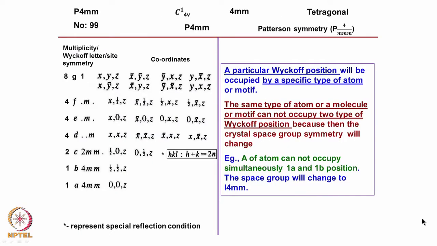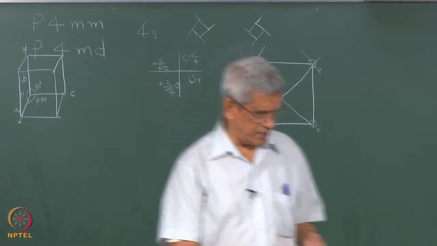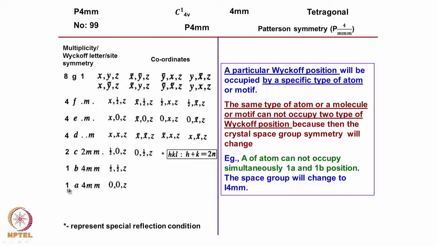Okay. Now the most important part is what I mentioned everywhere: there are special positions and general positions in the lattice. Like here, all these positions which are being given, this is one side symmetry, another side symmetry, these are called special positions, and this is the general position.